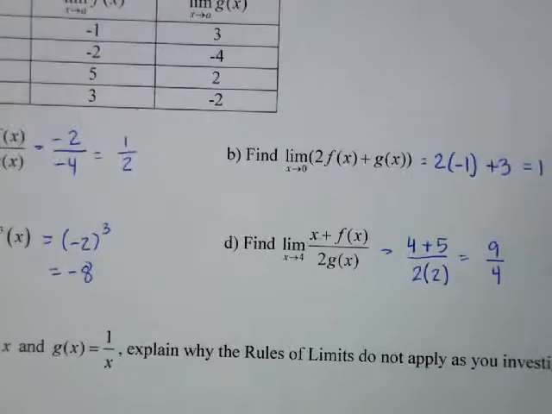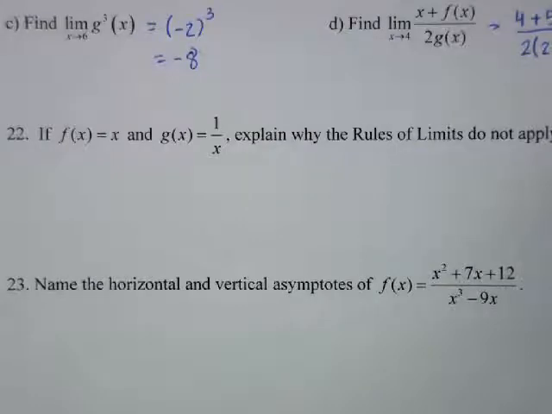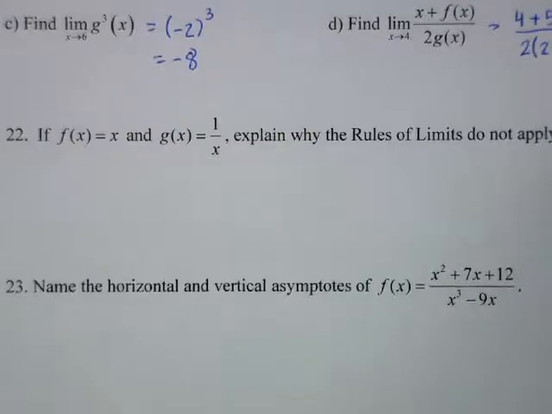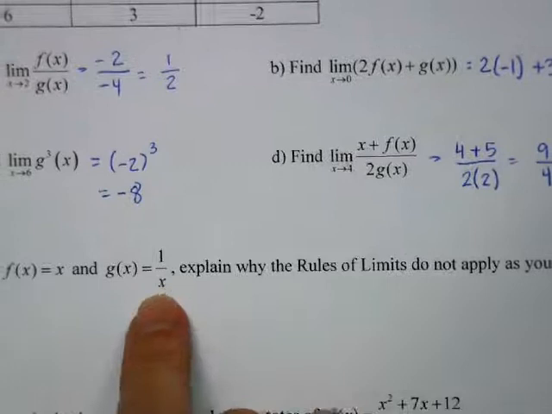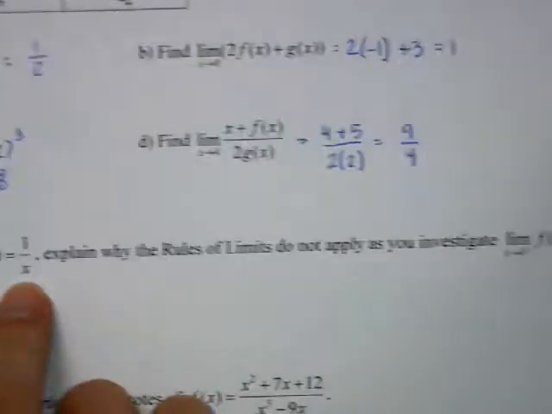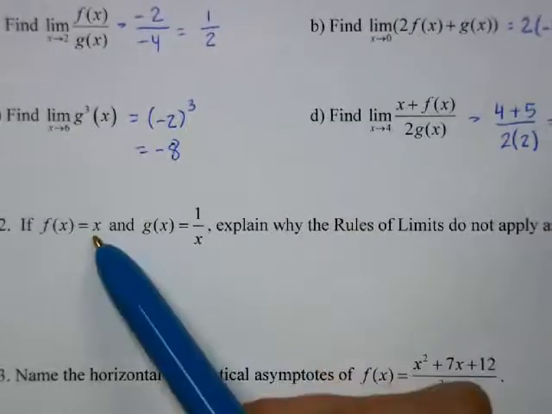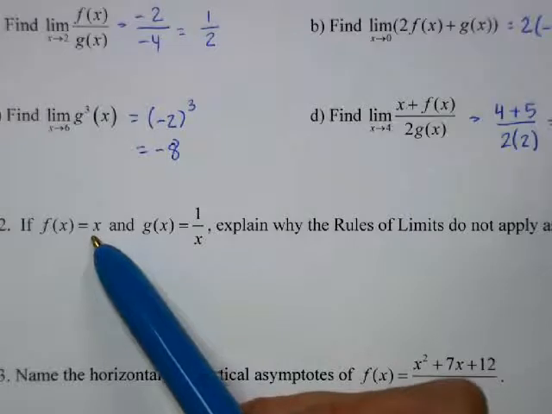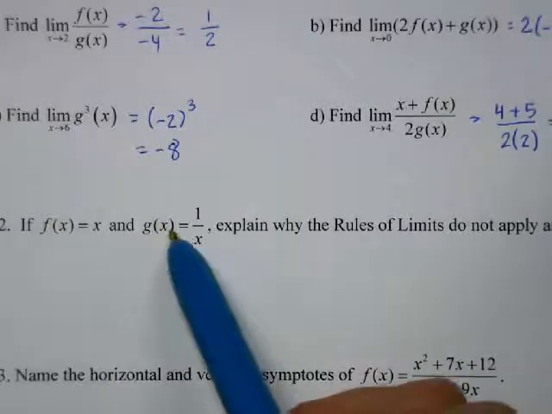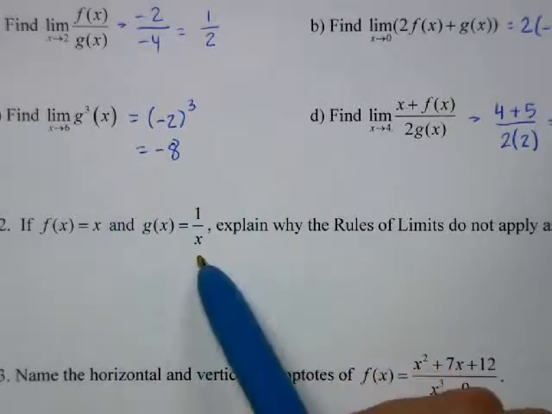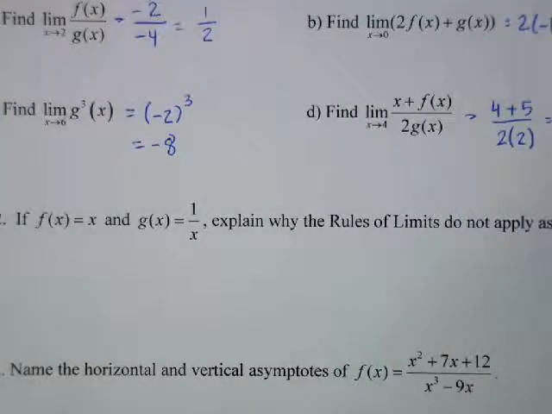Okay, for number 22, if f of x is x and g of x is 1 over x, explain why the rules do not apply if I wanted to do f times g. Well, we could figure out each limit individually, but if I just multiplied x times 1 over x, that's just 1. But that's not what f times g of x is going to look like.